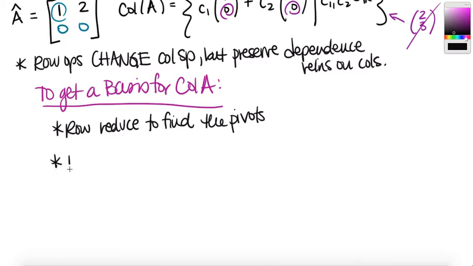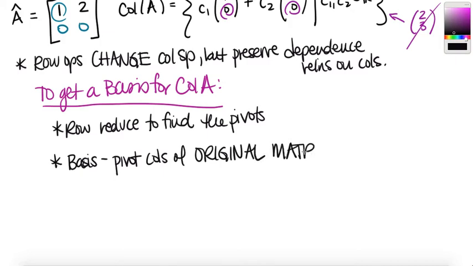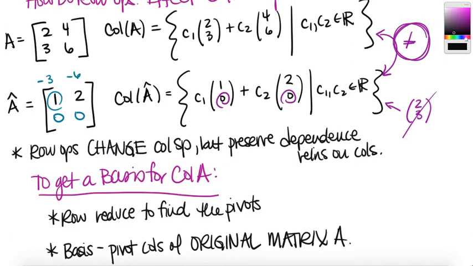And then your basis is the pivot columns of your original matrix A. Right? Because like in this example, this reduced echelon form matrix tells us that a free variable means that the columns are dependent.